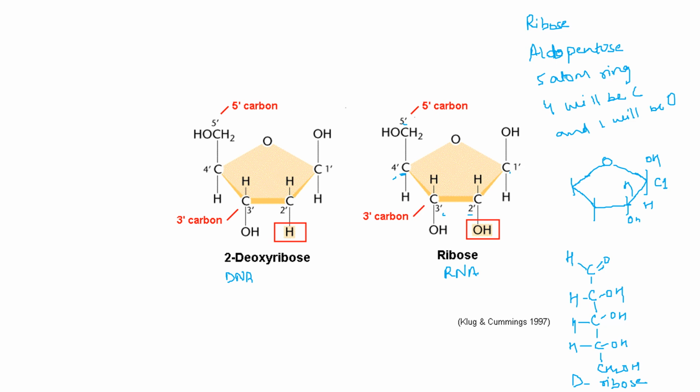Now you can draw these structures from this. At C1, this is the beta configuration because the OH and the CH2OH are on the same side. On the second carbon, we can draw this OH, and here you can draw the H. Also on the fifth carbon, the hemiacetal ring formation takes place by reaction between C1 and C4.